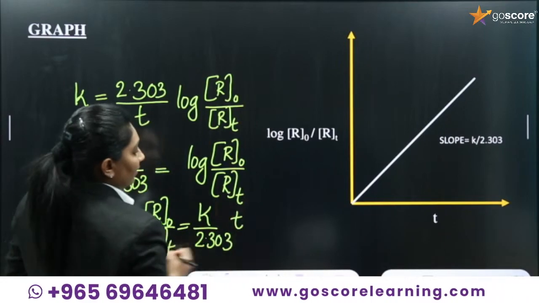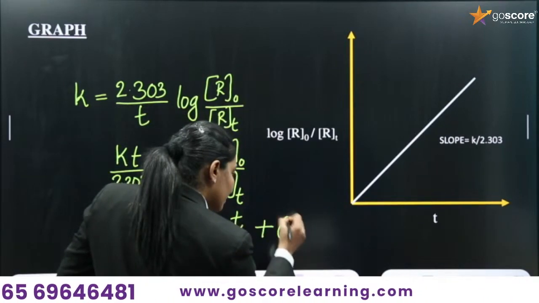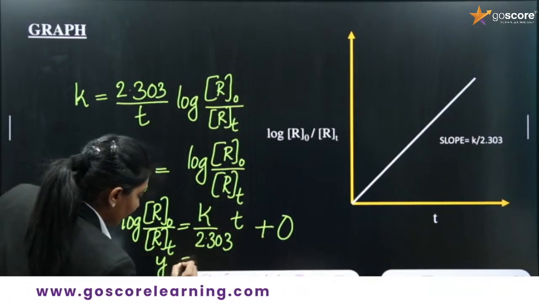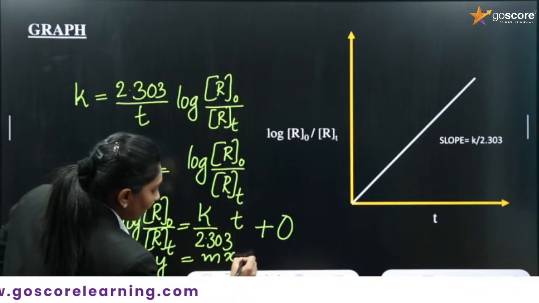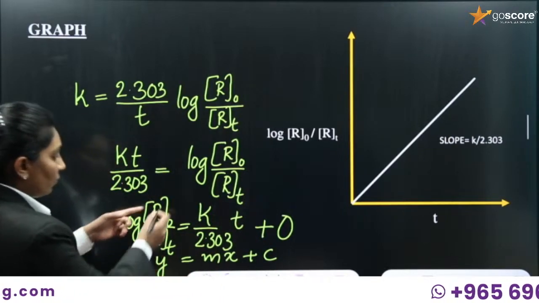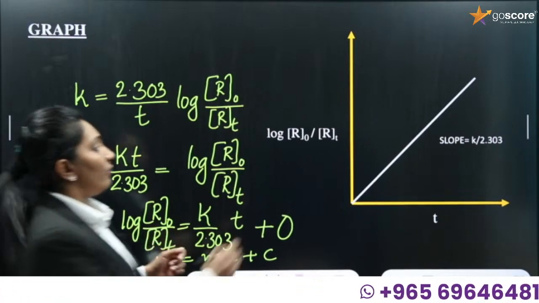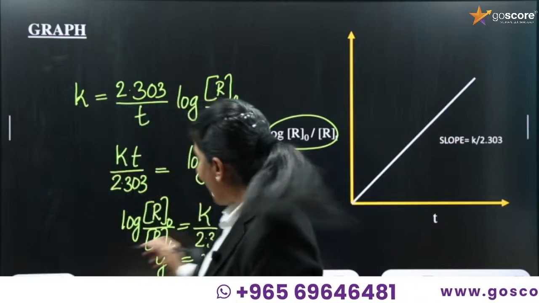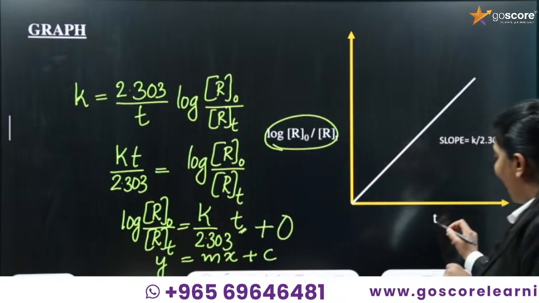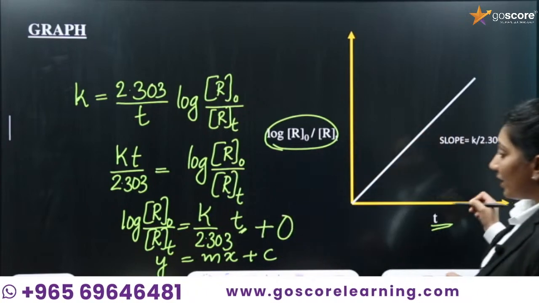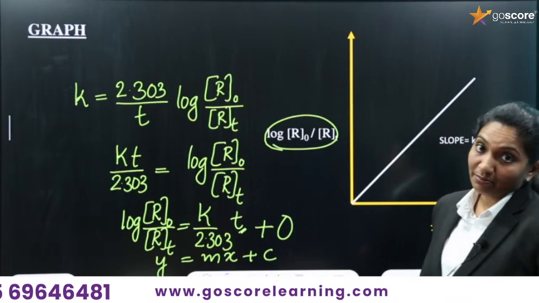Plus 0. Okay, then it will be y is equal to mx plus c. What is in the y-axis? It is log R0 by RT. When you take log R0 by RT on the y-axis and T on the x-axis, what will be the line you are getting? See here, the y-intercept is 0.